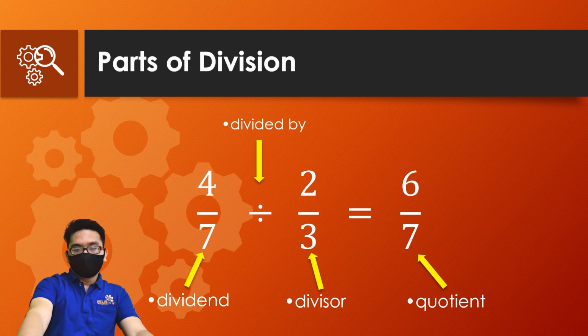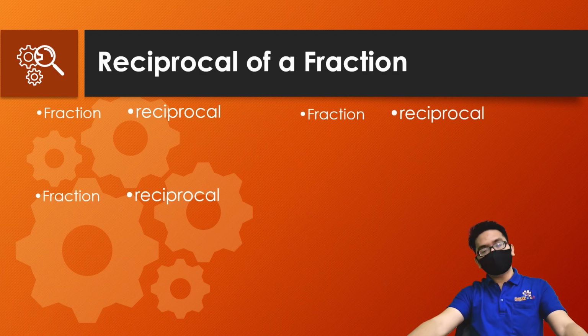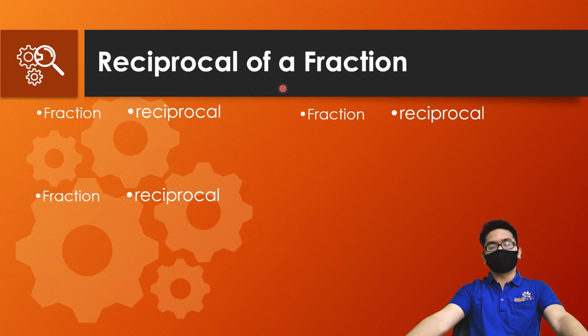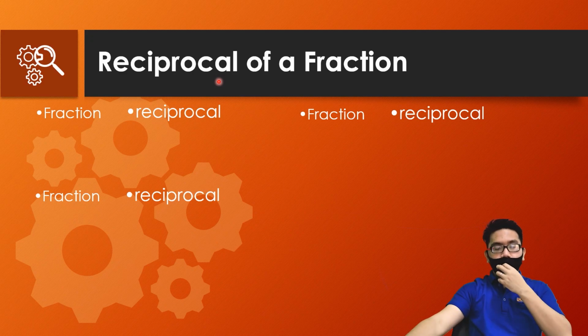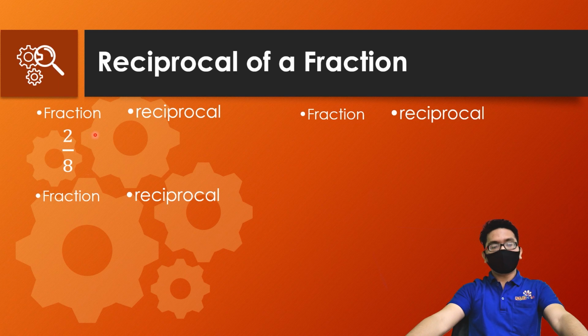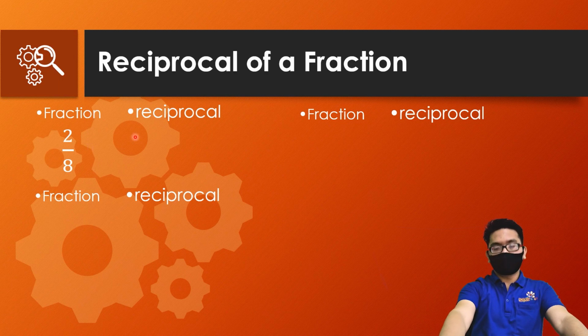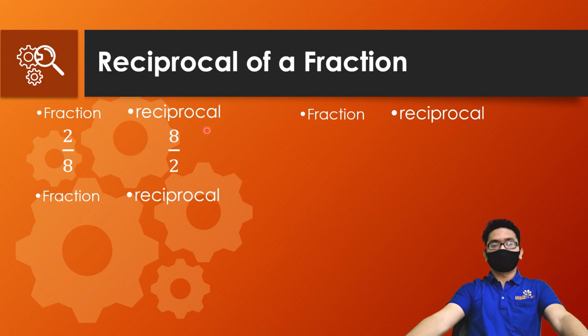Now, what is the reciprocal of a fraction? When we say reciprocal, just interchange the numerator and denominator, or we're going to flip. For example, the fraction is 2 over 8. The reciprocal of 2 over 8 is 8 over 2.